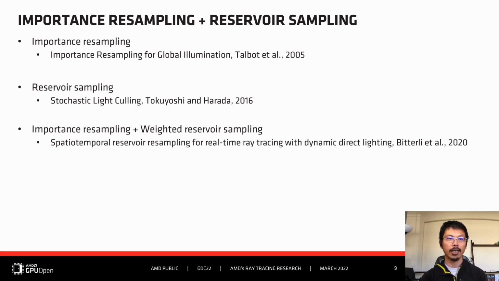Then a spatiotemporal reservoir sampling paper combined these techniques into a direct illumination sampling technique. This work was published in 2020, and it is getting popular these days. We worked on some improvements on these techniques, which I'm going to talk about from now on.